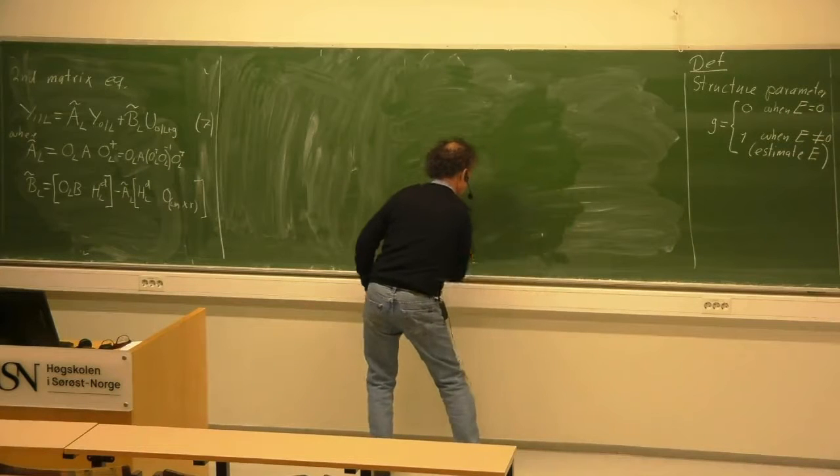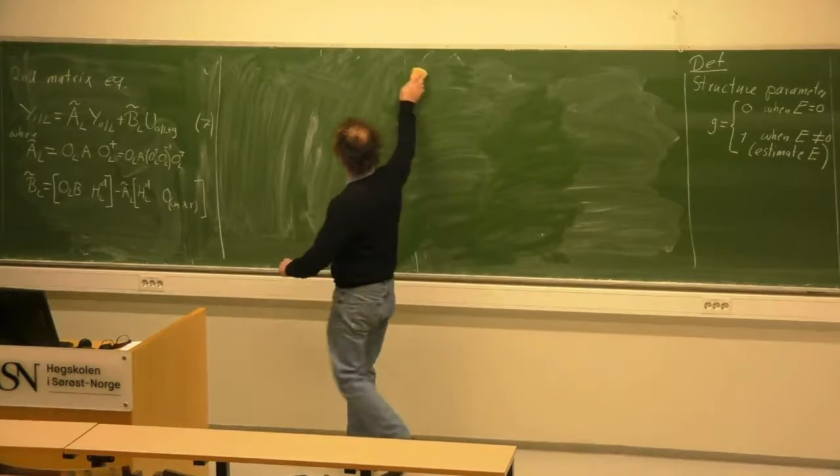In connection with a deterministic system, we have two matrix equations.